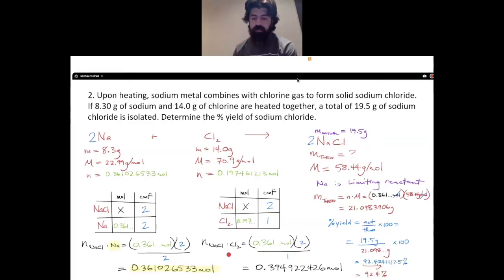Chlorine is actually going to make slightly more sodium chloride. So we're never going to hit this number. This reaction stops once we run out of sodium, because sodium makes the least amount of this NaCl product.